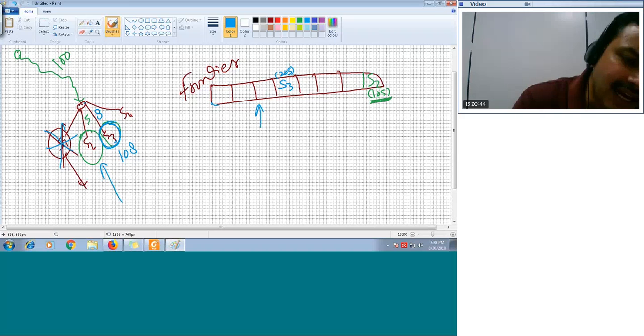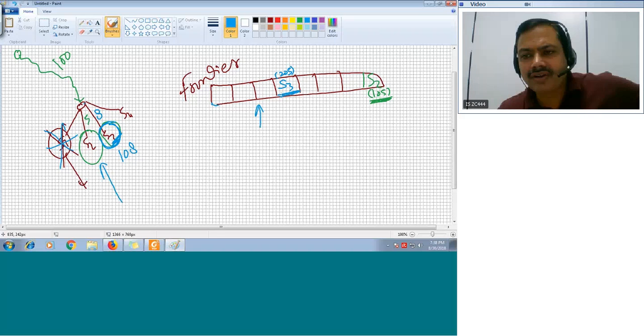It is possible that the item is inside the frontier, not yet in it, or has come and gone. Three things could be there. If it has come and gone, I do not consider it. If it has not come, I put it here.